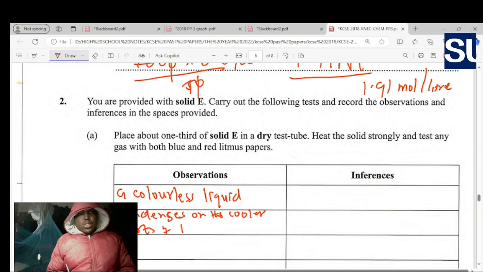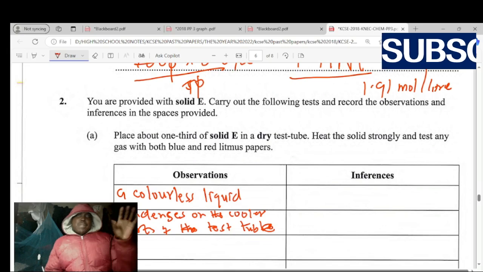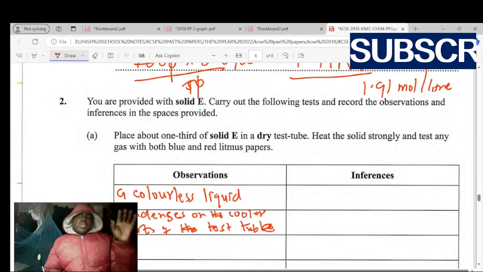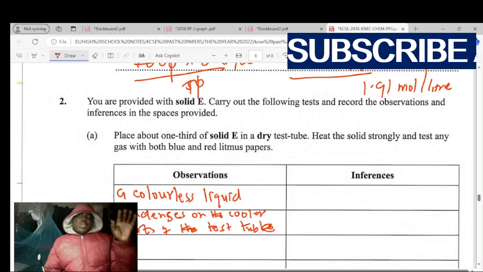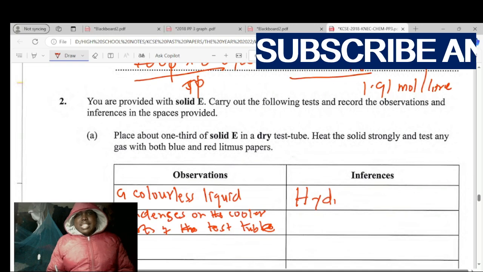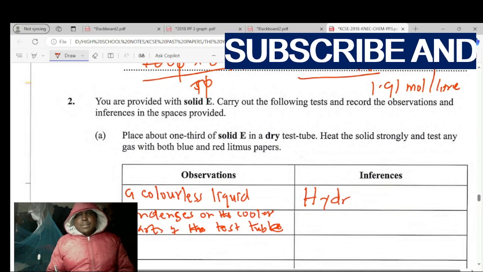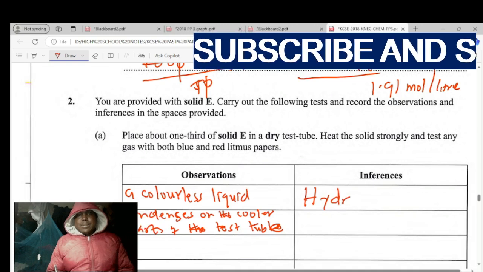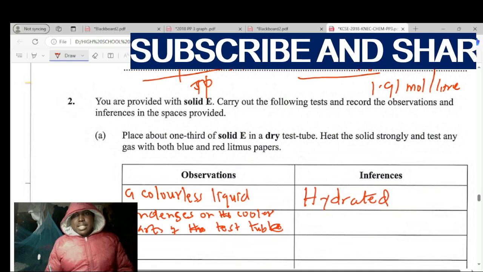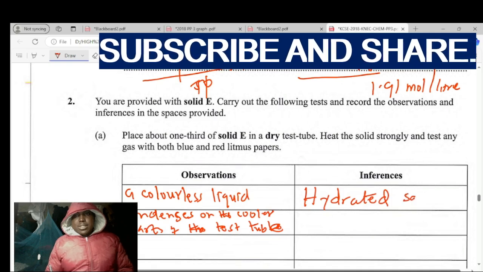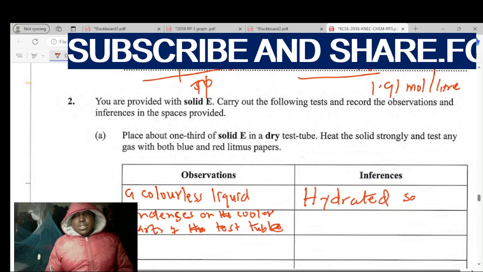If you look at that test tube up there, you will see it has sweated, which means it has water of crystallization. So you can simply say hydrated salt. Solid E is hydrated. Or you can say it contains water of crystallization.